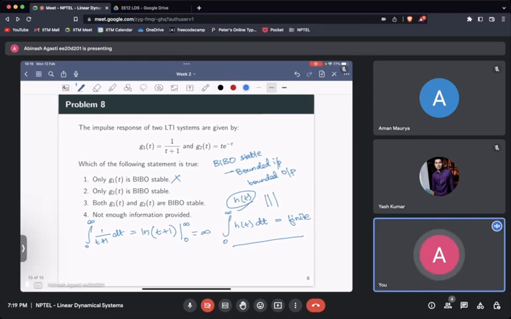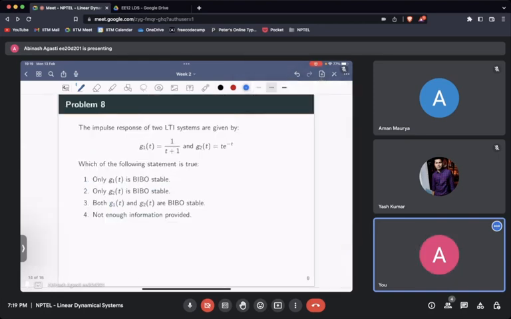Then let us check for g2(t). So I want to find out this. How do I do that?